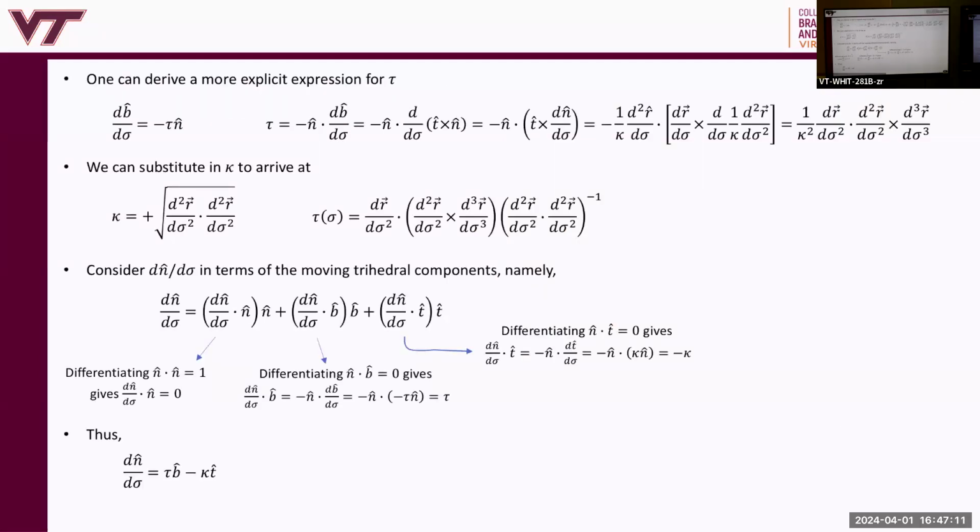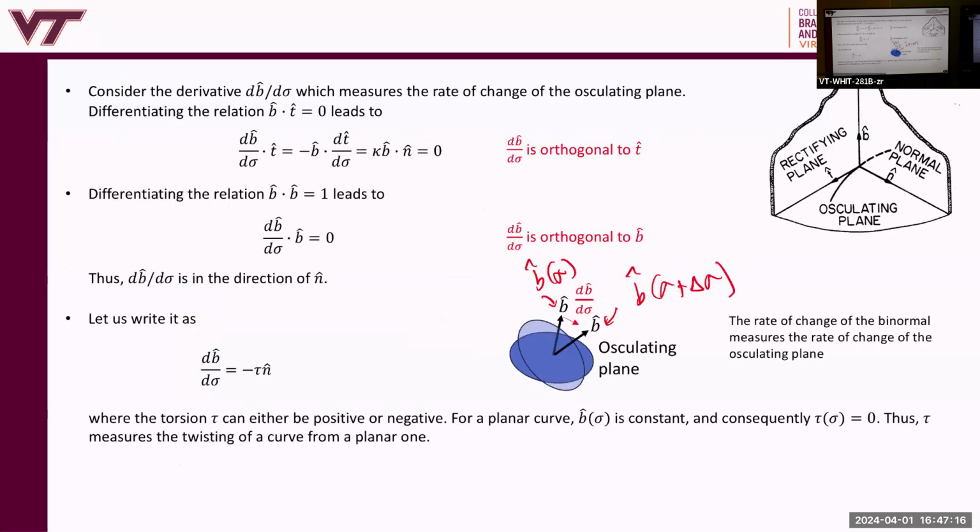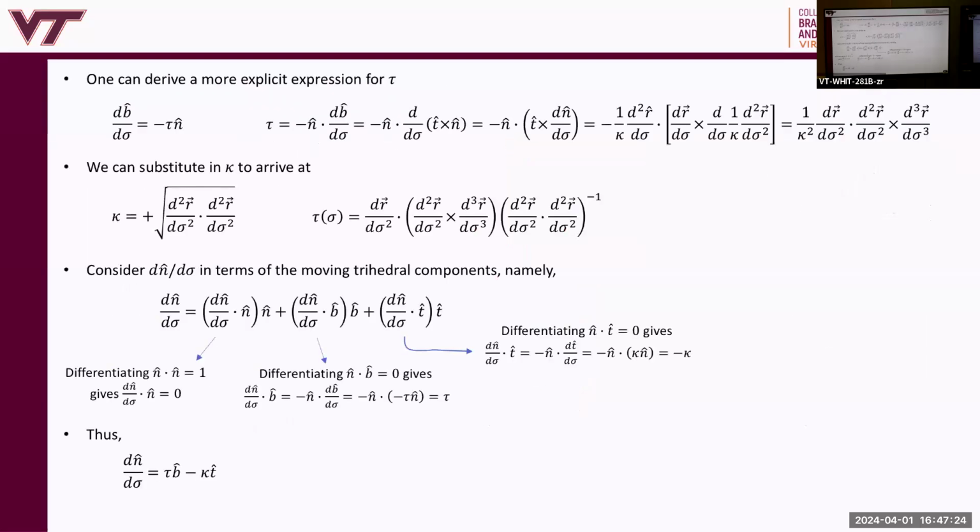All right, let's define an explicit expression for tau, because so far all we have is tau as part of a definition of the derivative of the binormal. So here we have dB/dσ is equal to negative tau n. That's the expression we derived, where we introduced the torsion parameter. But now we can say tau is equal to, we're taking n dotted on both sides of this expression. So if I do n hat dotted, then this becomes negative tau, but I can move the minus to the other side.